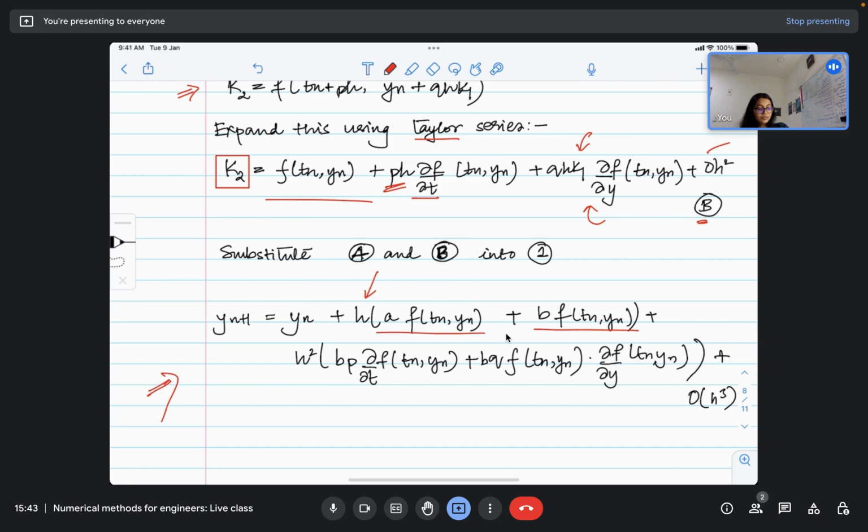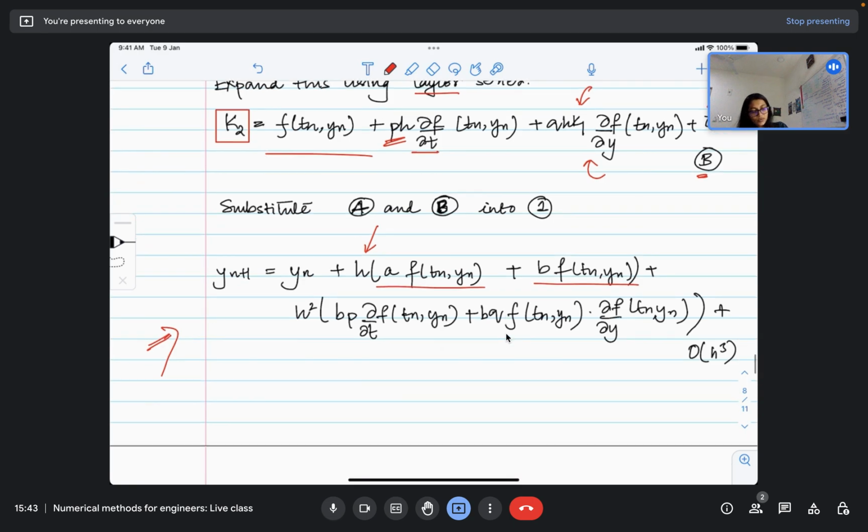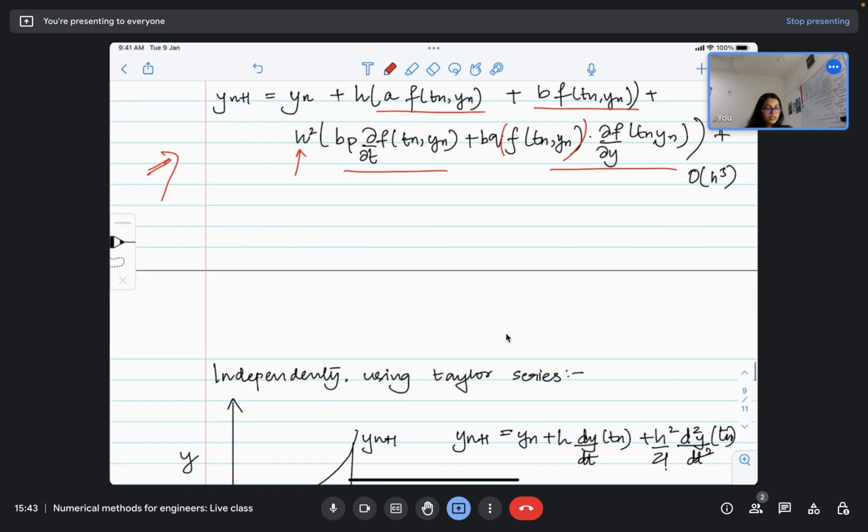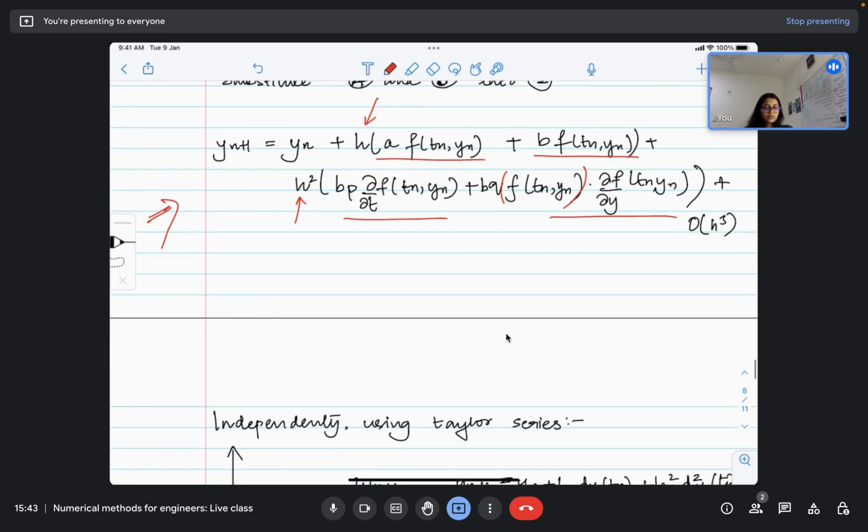And when h square is taken outside common, we can write this expression in terms of the partial differential equations, where again k1 is substituted in its generic form. Okay. So there will be a little intense maths here, so we will not go into how the derivation comes up. We will spend more time on how the graphical interpretation comes about. Okay. So this is how this particular expression comes about.